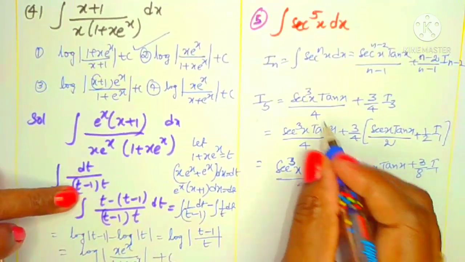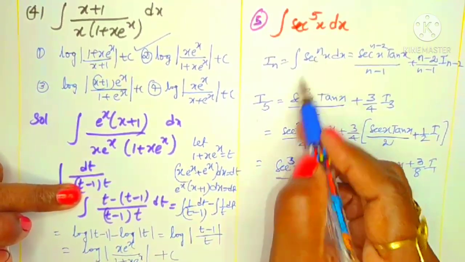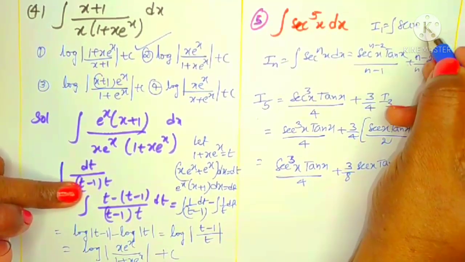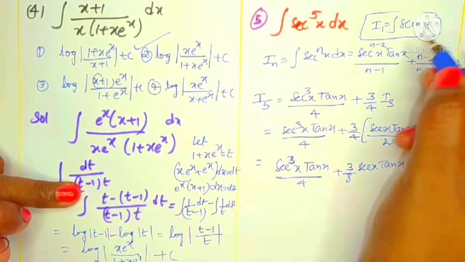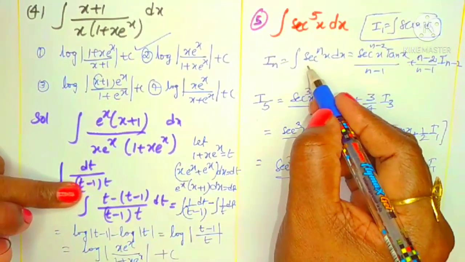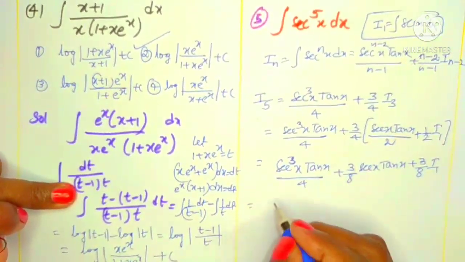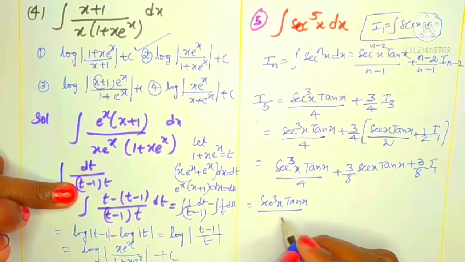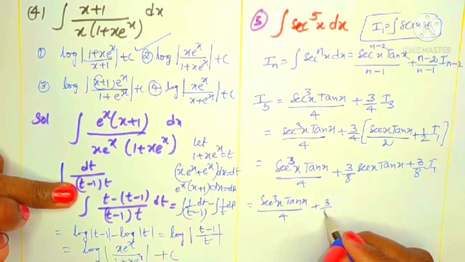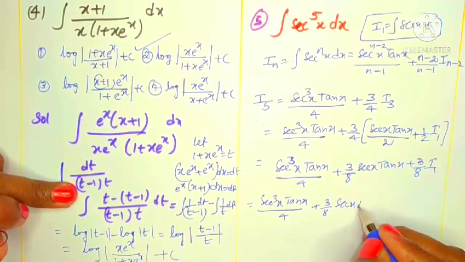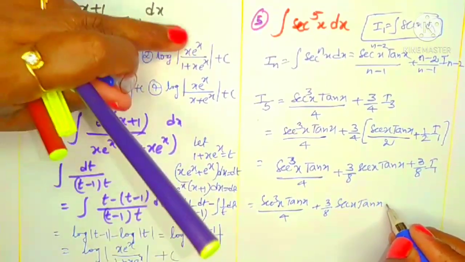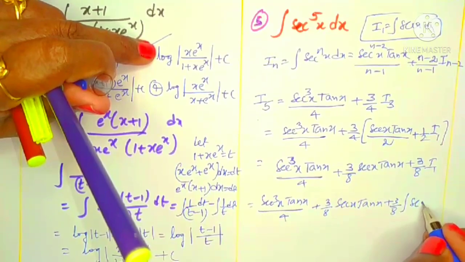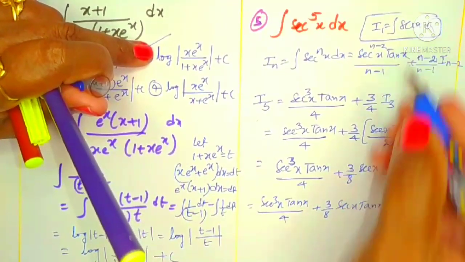What is I1? If In is the integral of sec^n x, I1 is clearly the integral of sec x, since the power n is 1. So the next step: sec^3 x tan x by 4 plus 3 by 8 of sec x tan x plus 3 by 8 of the integral of sec x.